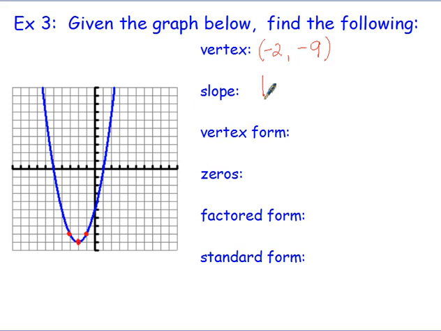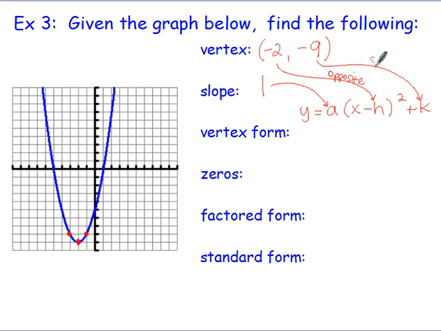Okay, as we know, vertex form is y equals a times (x minus h) squared plus k. Well, the slope, if you remember, is your a value. This number is your h value, but we got to remember we always do the opposite. And this number is your k value, but we keep it the same.